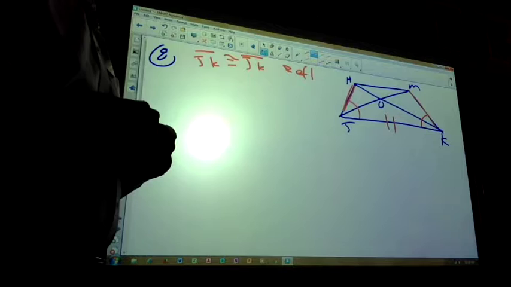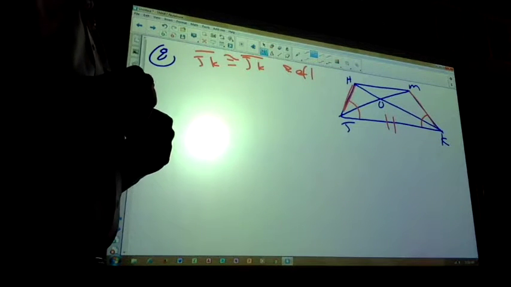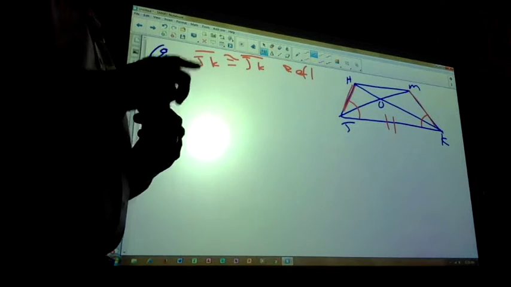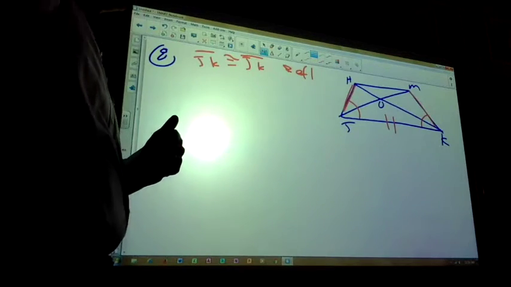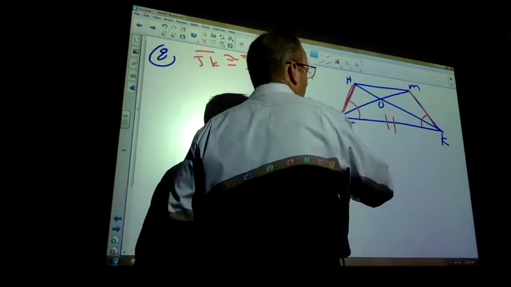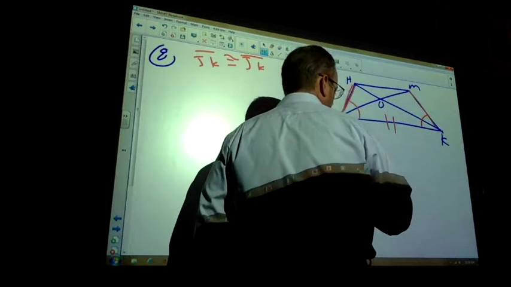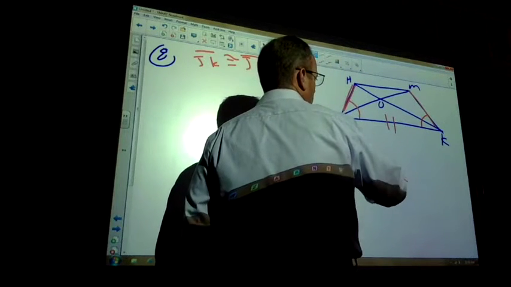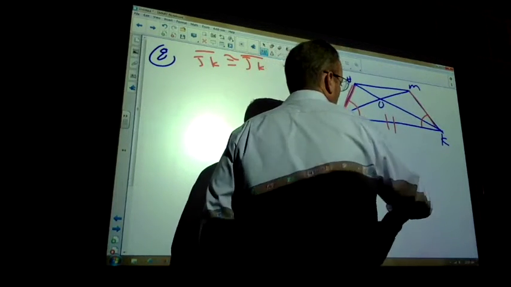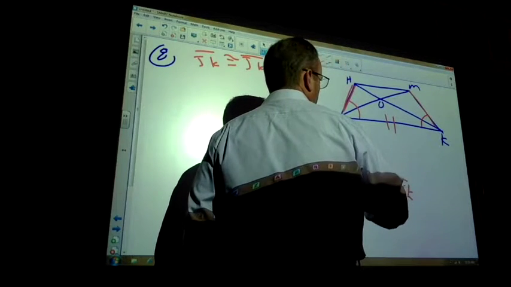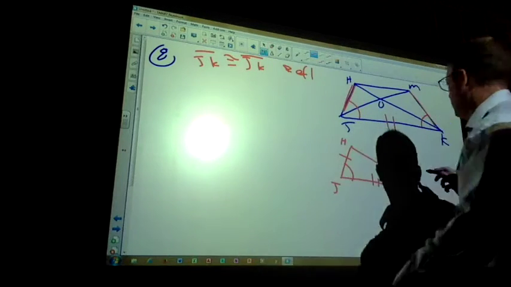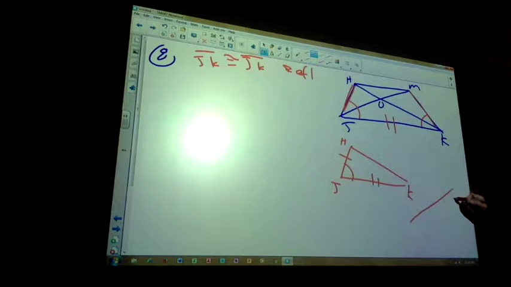Or like do something with angle subtraction property. Oh, yes, I like what you're saying. I wanted to try with this one thing just to see if this works. So if that's H, J, and K. And then this is the other triangle, M, K, J. Now that to that to that.